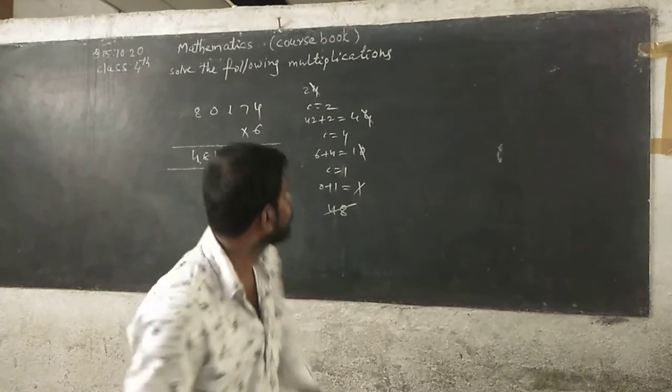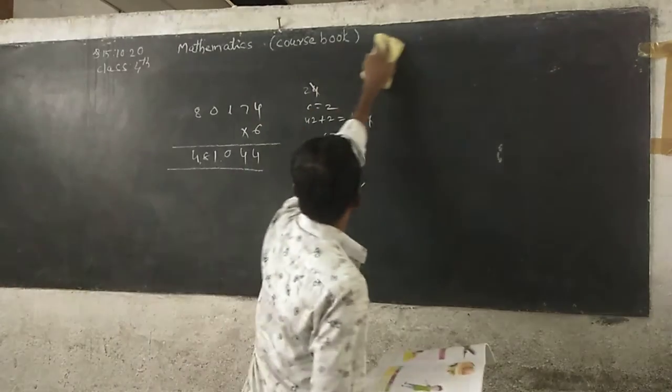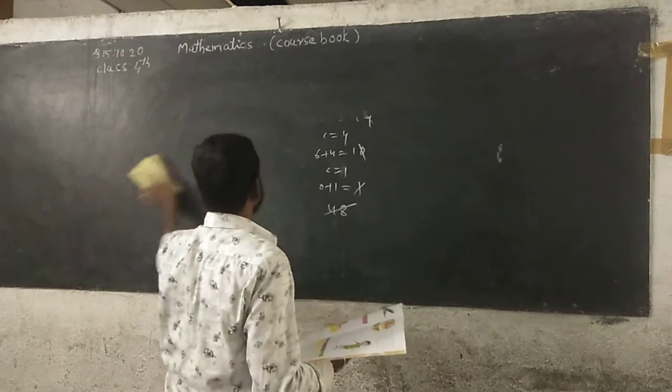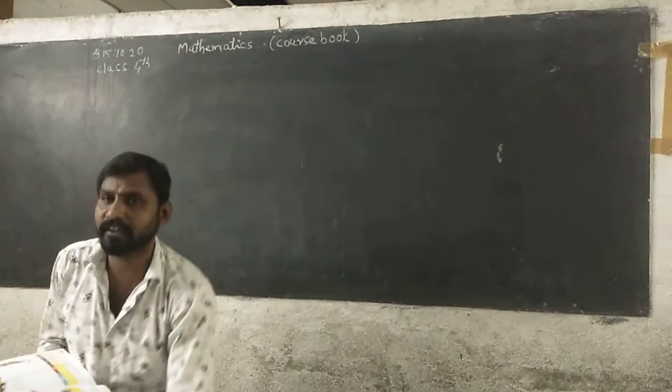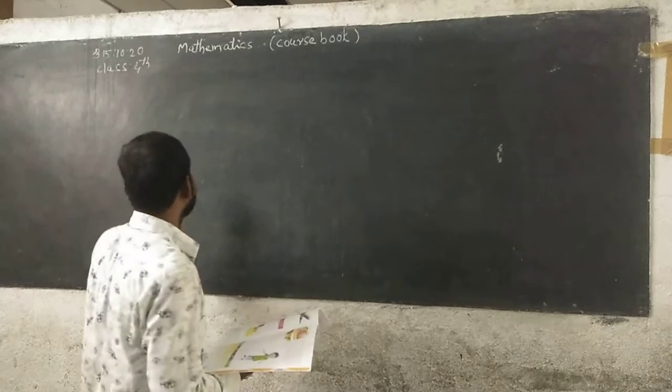See here. Here how many members are there, beta? 23 members. The cost of each ticket, what, beta? Here 1,475.